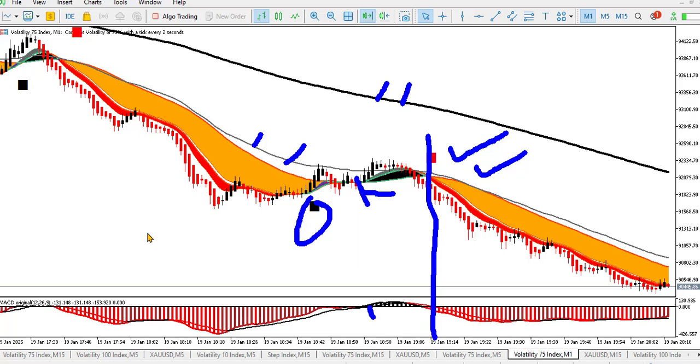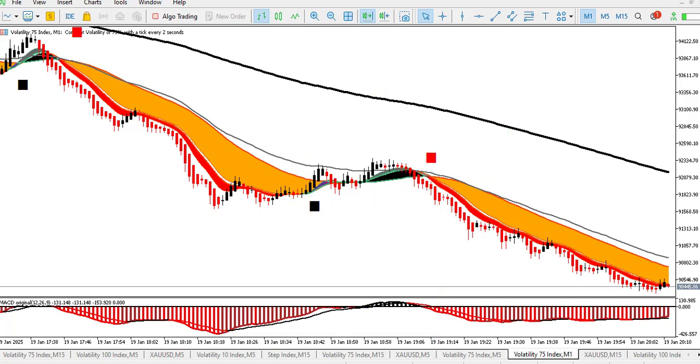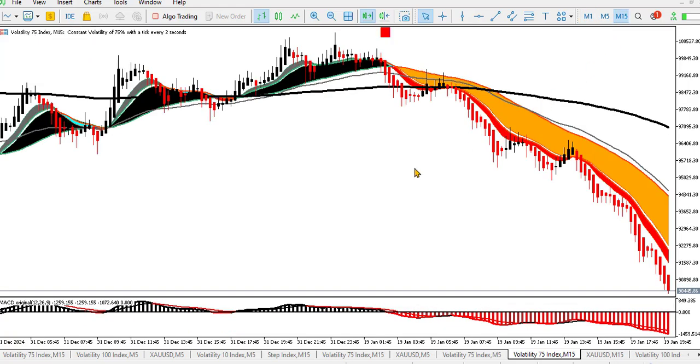But if you do not want to have any drawdown in your account, I will encourage you to check the higher time frame first, and only scalp in the direction of the higher time frame on the lower time frame. Now let's check M15. On M15 we did have a buy signal from this particular point, and it did cross MA200 at this particular point.